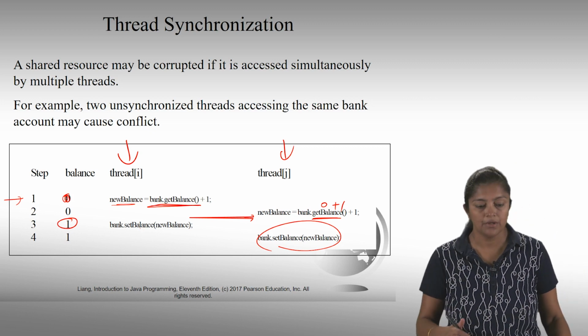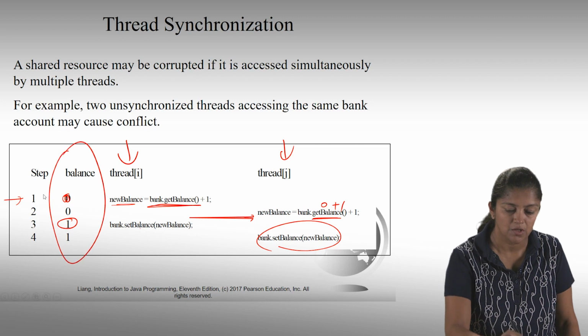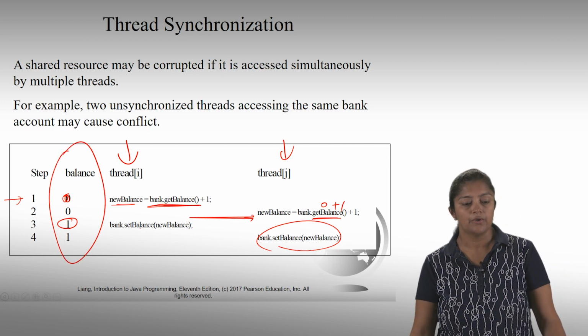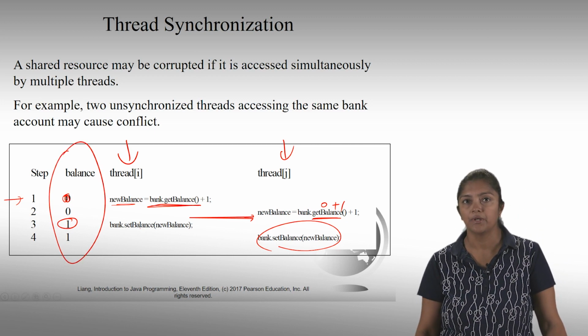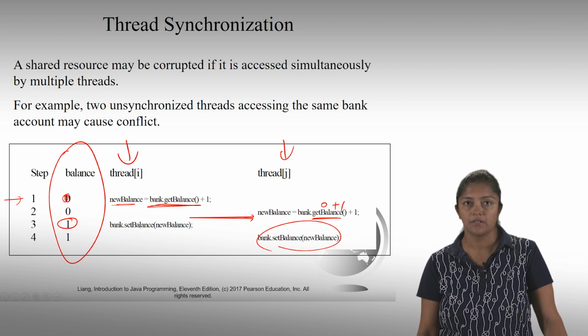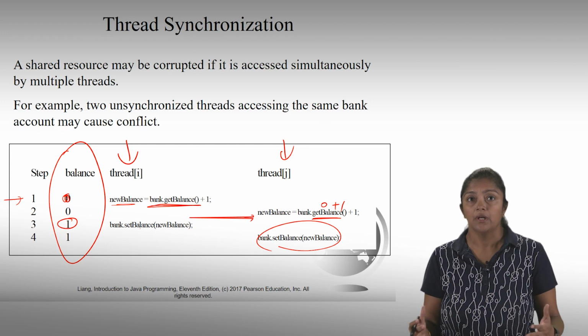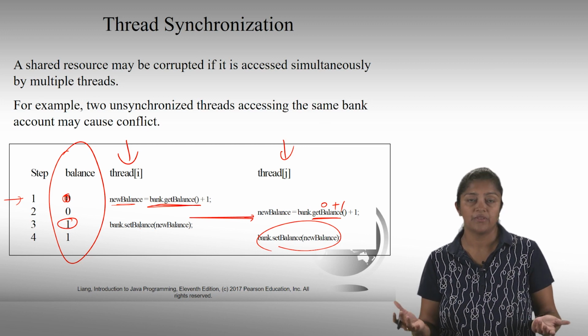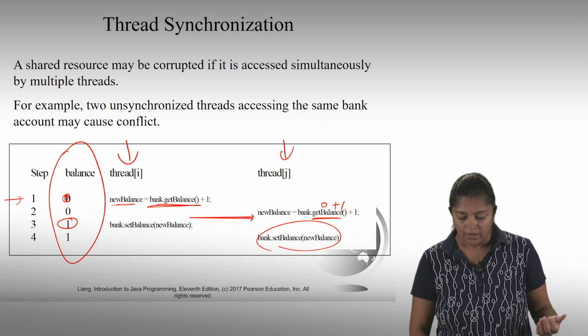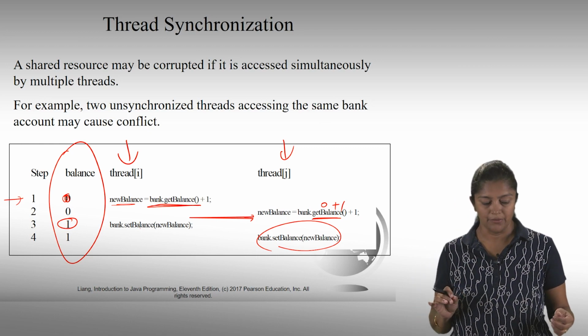So in these cases it's very important to lock that shared resource to ensure that it's not corrupted. So these are some of the considerations to be looked at when you're doing programming with threads. That's all I have in this video. Thank you.